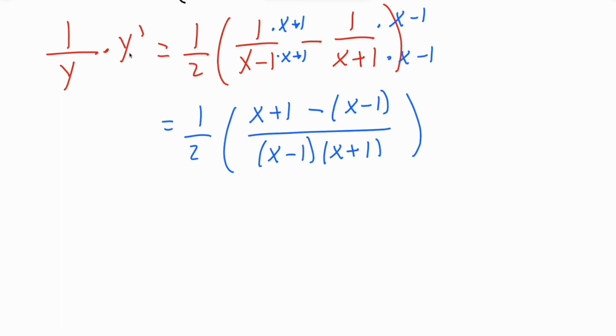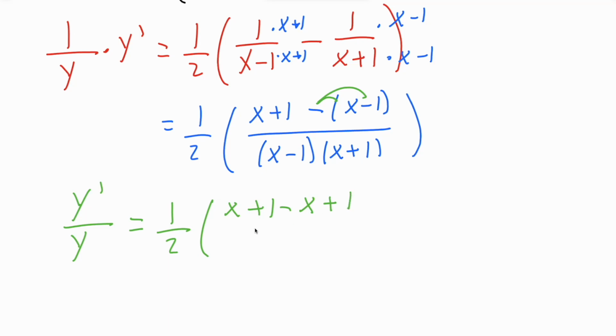So let's clean this up. So y prime times 1 is just going to give us y prime divided by y is equal to, we've got to distribute this negative on both of these pieces. We end up getting 1/2 of (x plus 1 minus x minus minus 1, which is positive 1) divided by (x minus 1) times (x plus 1).